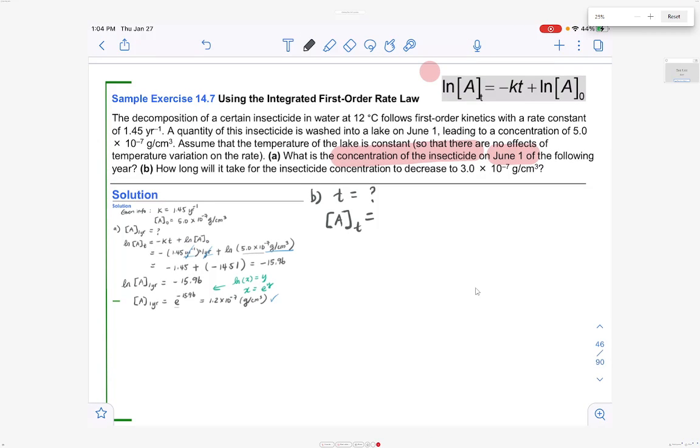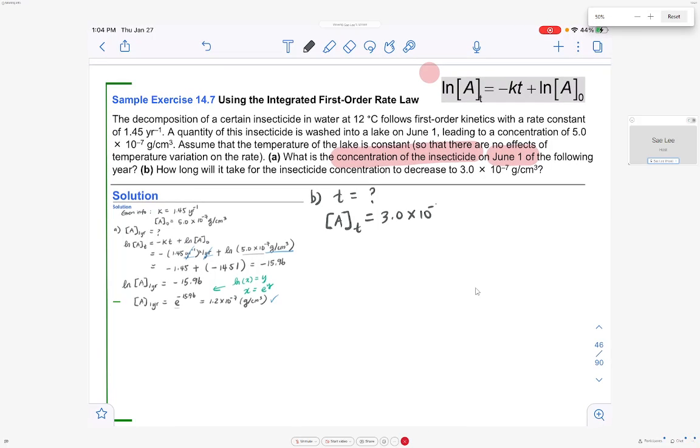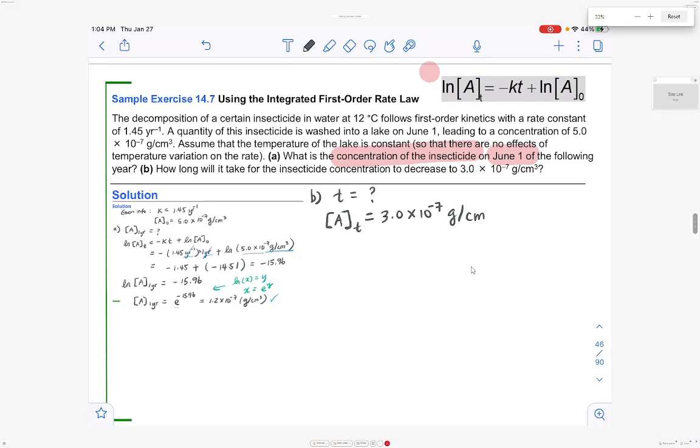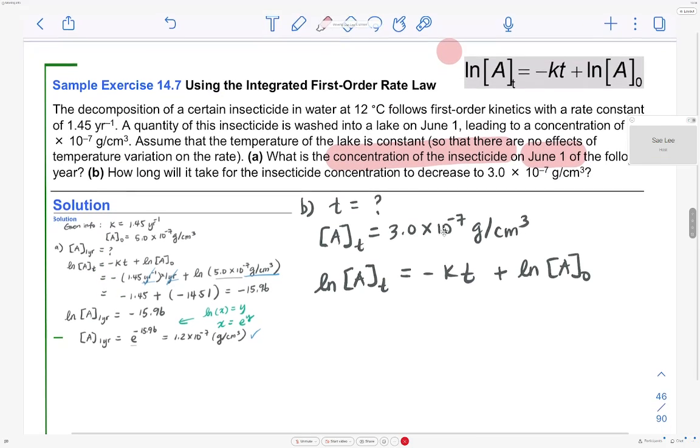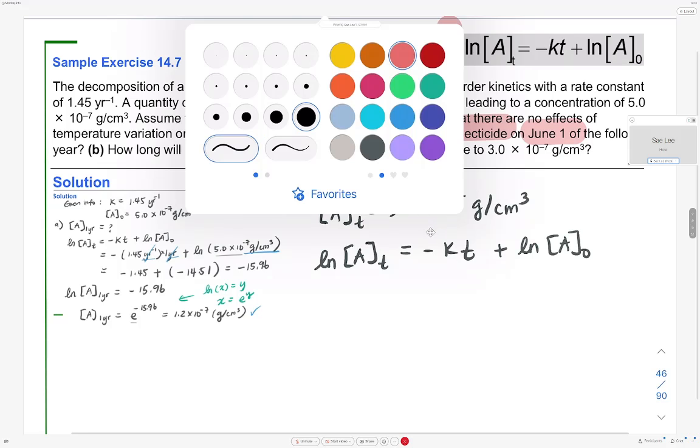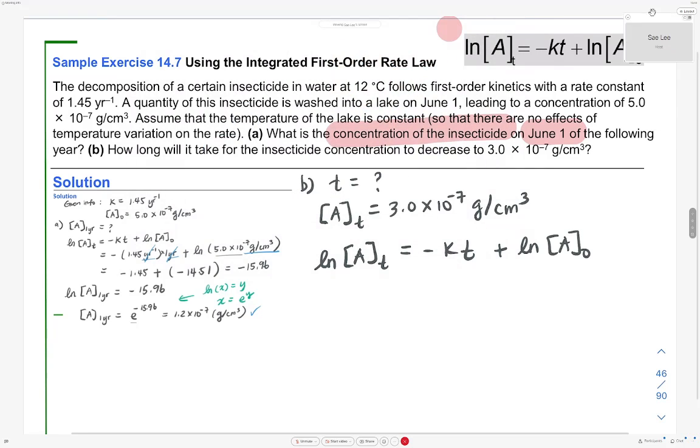Since we know that we can use this equation, we already know the rate constant, and we already know the initial concentration, and then we already know the later concentration, which is provided in the question.